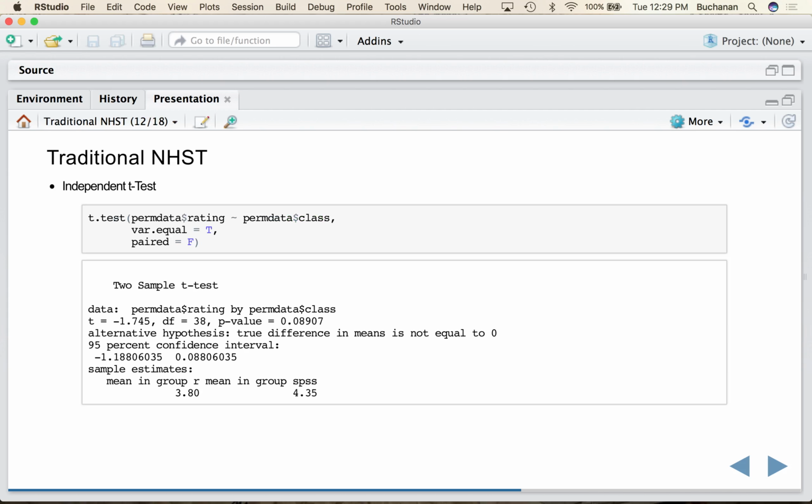So I ran just a basic independent t-test, and I turned on equal variances just so I would get the normal t and not a Welch corrected t. So remember in R, if you leave that var.equal off, you get a Welch-Satterthwaite correction on degrees of freedom, which changes your p-values.